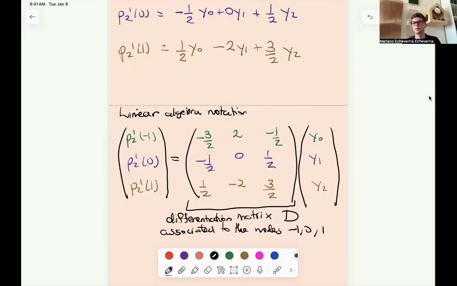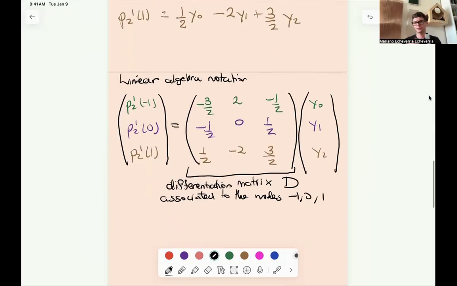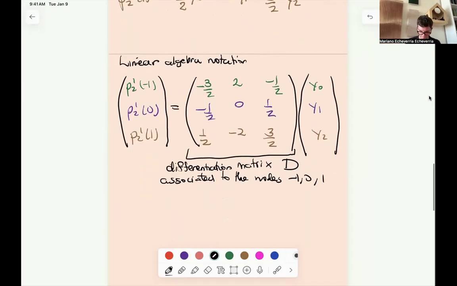Okay, so now I can give you more of an actual definition. So here's a definition of what the differentiation matrix is. So what is the definition of the differentiation matrix?